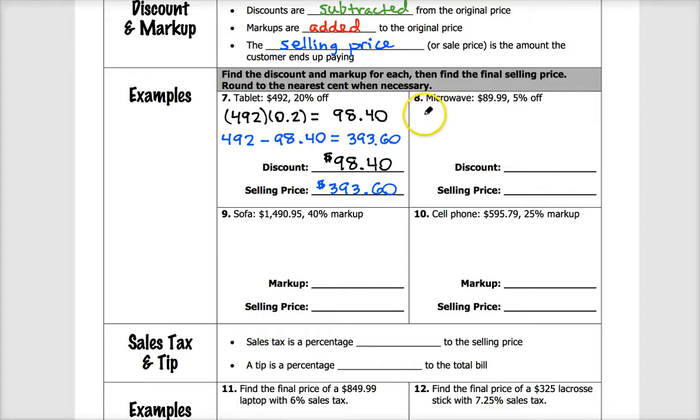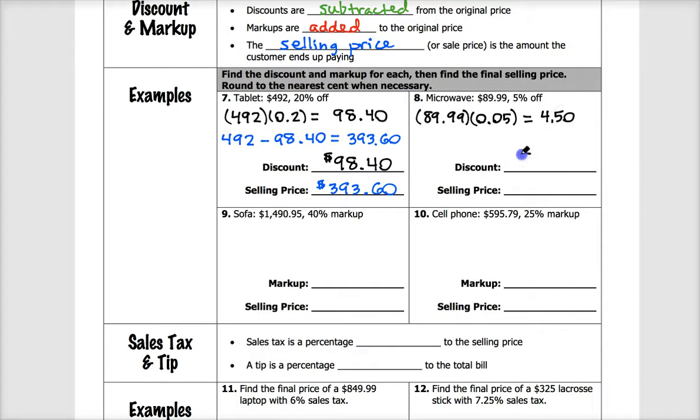Okay, number 8, a microwave. Its original price is $89.99 and it's 5% off. So again, that's another discount. So we take the original price, 89.99, multiply that by 5% as a decimal. As a decimal, 5% is 0.05. And 89.99 times 0.05 is 4.5 or 4.50.